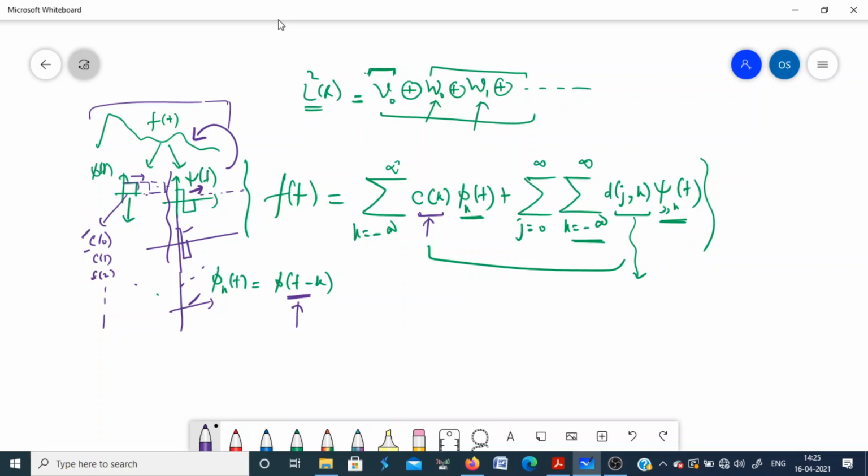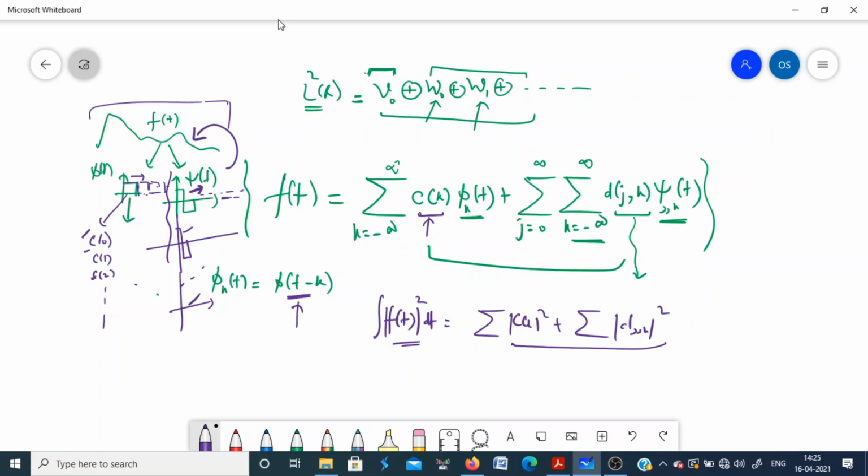So you can decompose this function using the scaling and the wavelet functions only. Again, we have seen that the scaling and the wavelet functions must be orthogonal, because if they are orthogonal, then there is Parseval's relation, which says that the energy of the signal is given by the sum of these coefficients plus the sum of djk.